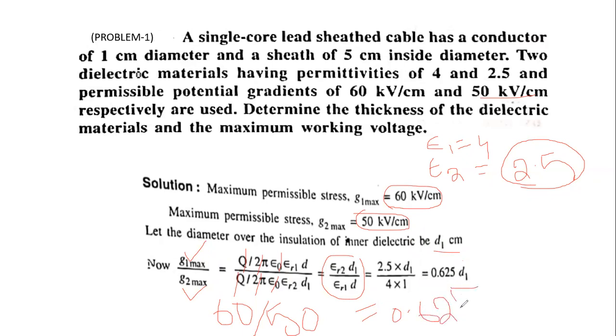This is the ratio between G1 max and G2 max.